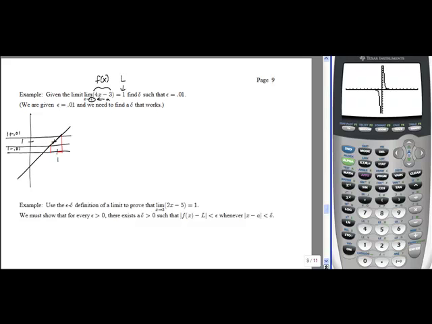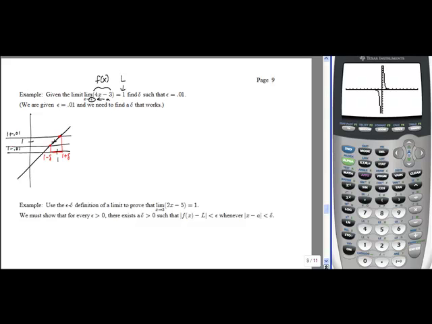So how far to the right and how far to the left are we going to have to be so that my function is in between these two horizontal lines? So to the right would be our 1 plus delta, whatever that delta turns out to be, and to the left is our 1 minus delta. So we're trying to figure out what this delta is, and it's going to depend on this 0.01, this epsilon value.